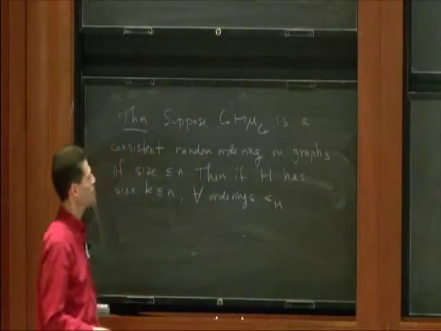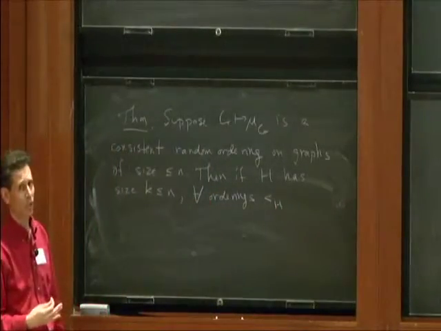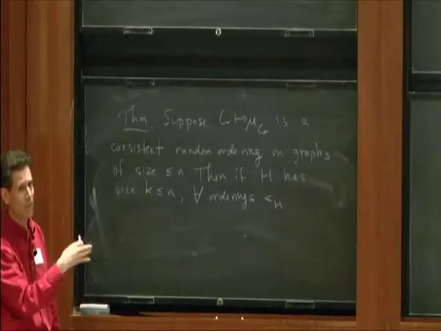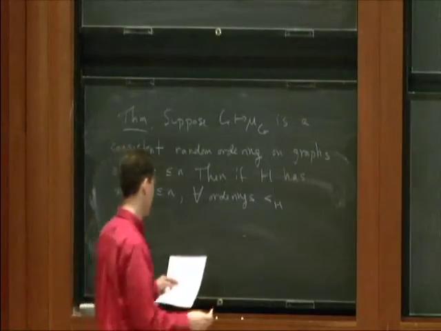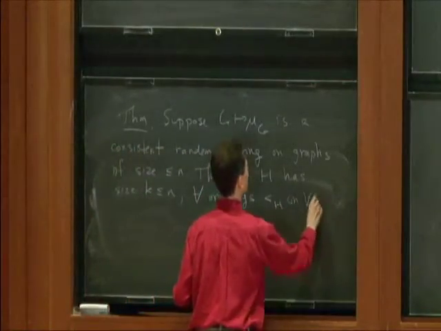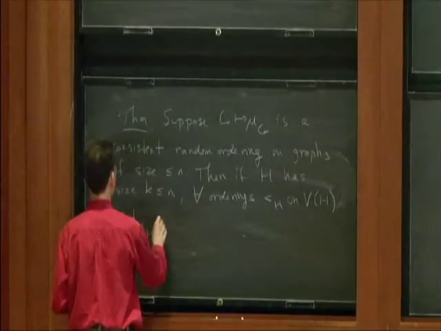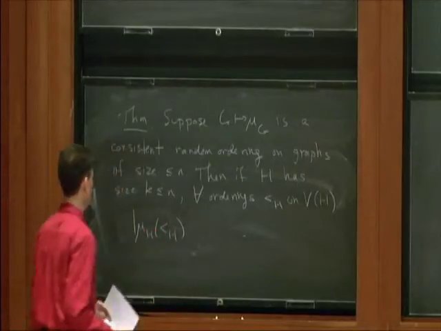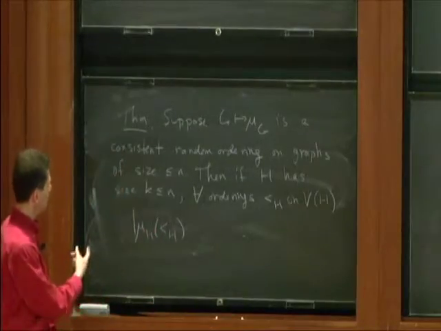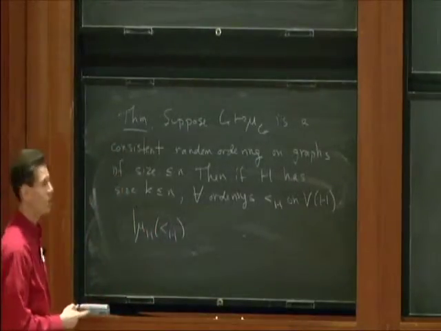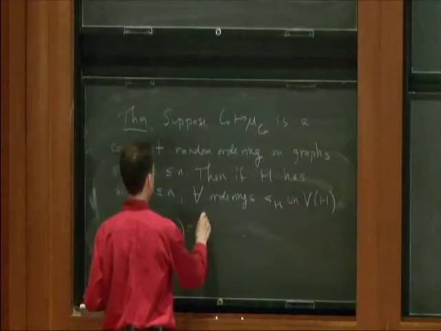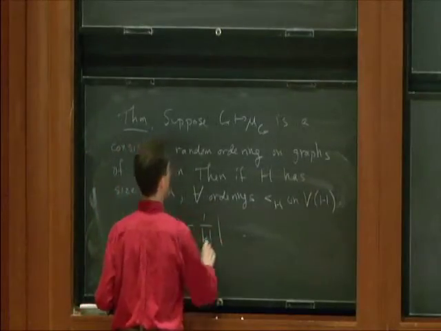So remember, an ordering of a graph is just an ordering of the vertex set, but I'll just denote less than sub H for an ordering of the vertices of H. Okay, so mu sub H gives a number to this particular ordering, less than sub H. And to be uniform, it would be equal to 1 over k factorial.